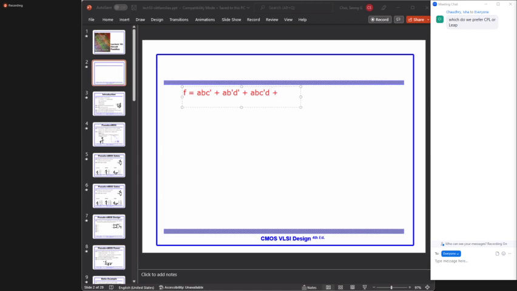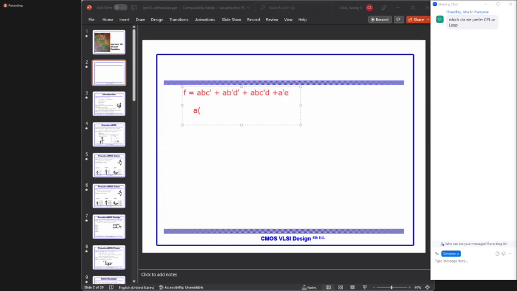Okay, A bar. I just added another term. So what you do is take a variable and partition the whole thing into the variable and the complement of the variable.